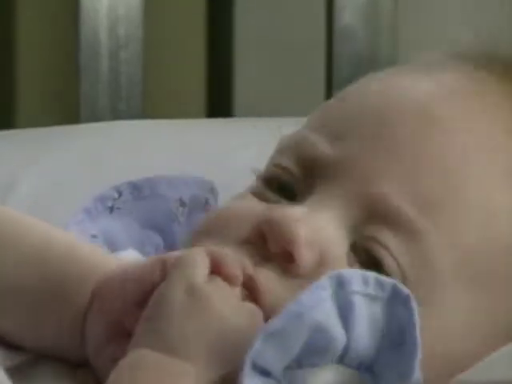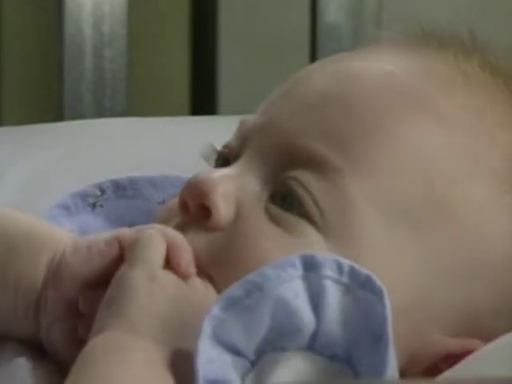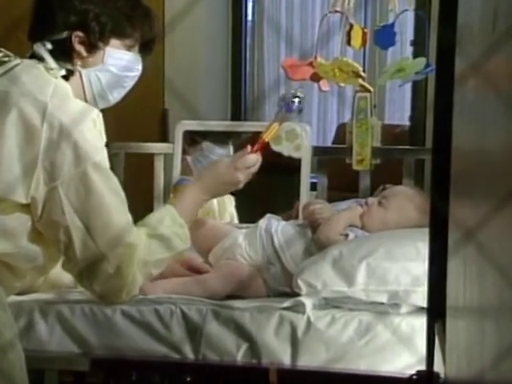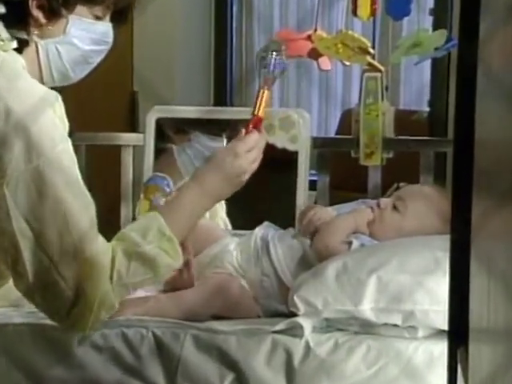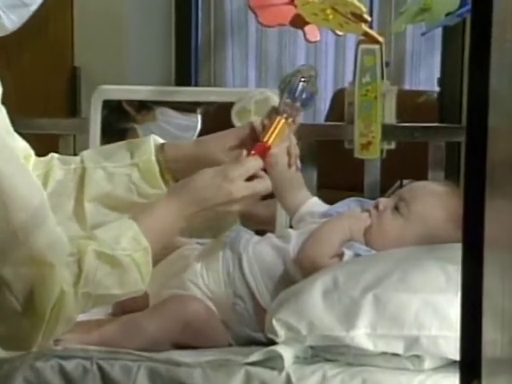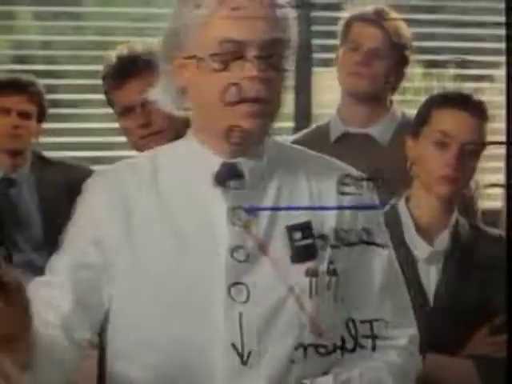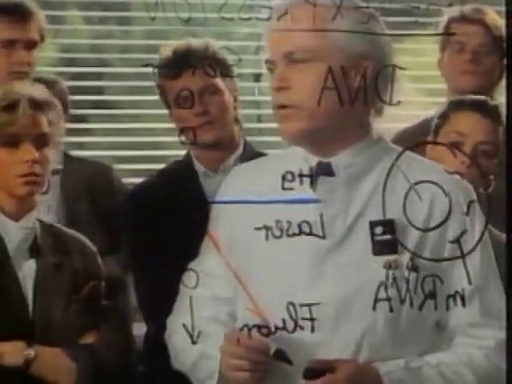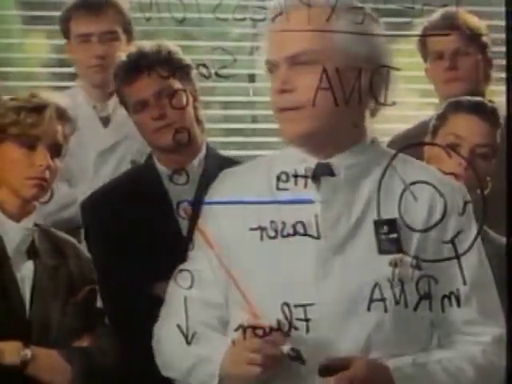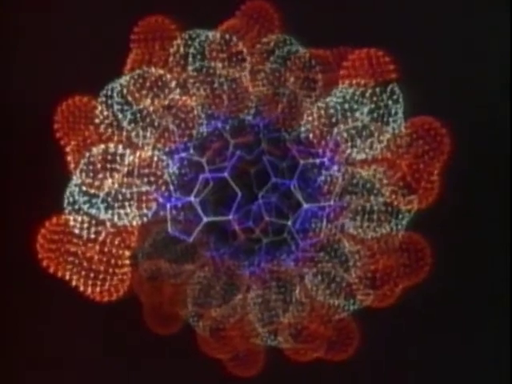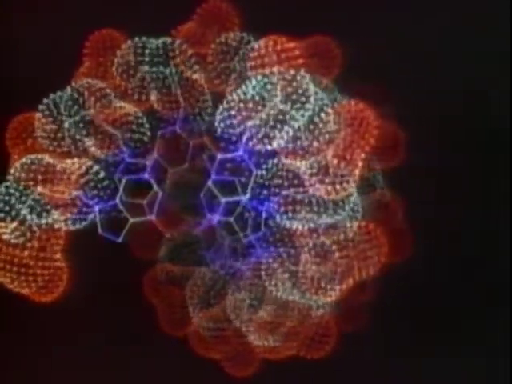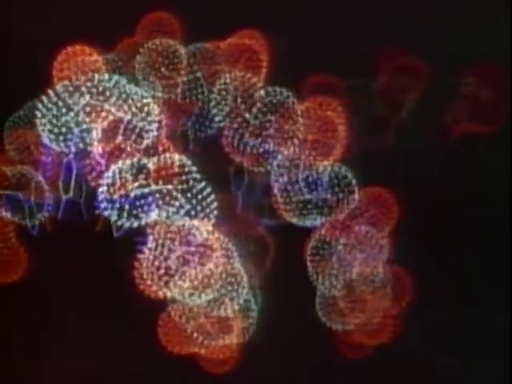And scientists are hopeful that children with life-threatening genetic diseases may someday be cured by introducing normal copies of the defective gene into their cells. But recombinant DNA technology has even more to offer. It is allowing scientists to unravel chemistry's most remarkable secret, the molecular basis of life.